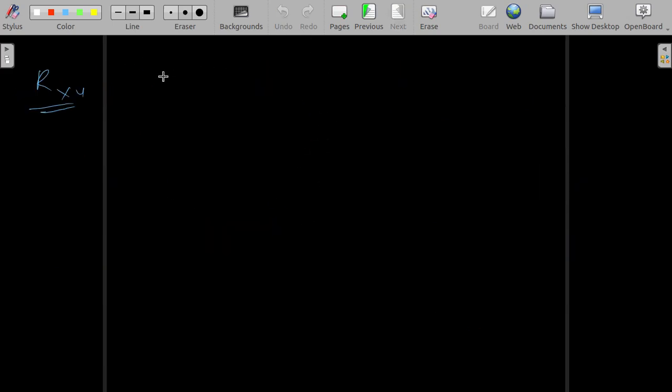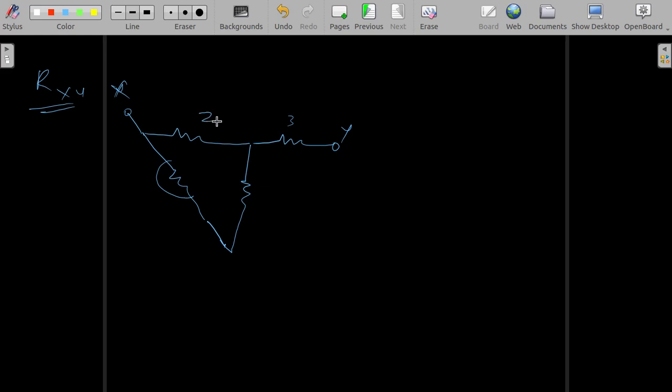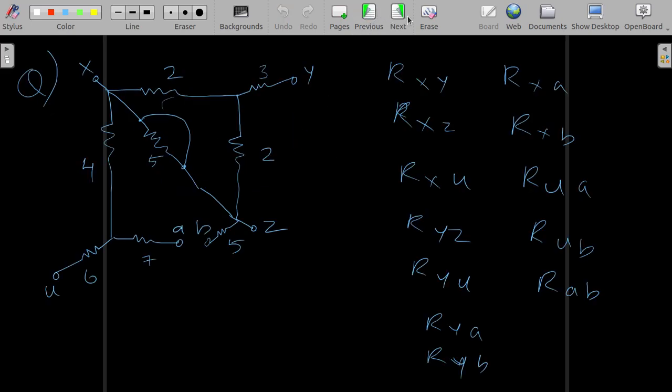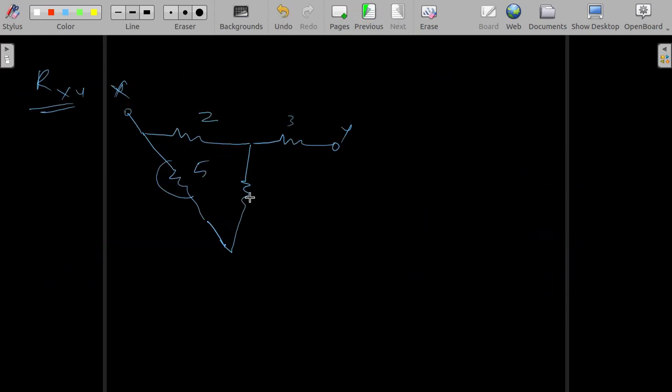So let's redraw that to find R_XY. Then it will be X, which we have marked here, and 2, we have 3, we have 2, and we have 5 and we have 2, right.